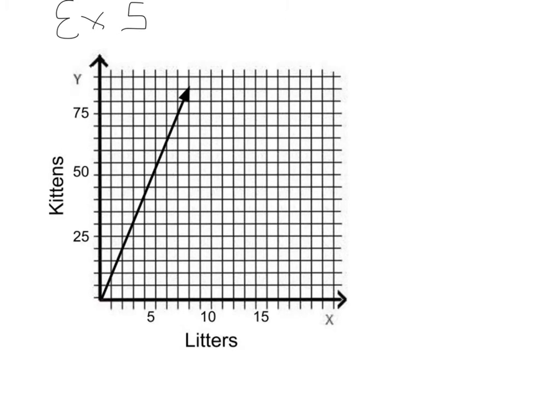All right, here's our graph. We just have to pick any 2 points on this line. One of the things we want to make sure of is that we pick points where our line is going right through a nice, neat little intersection. There's one of those points right here, so I'm going to select this point.